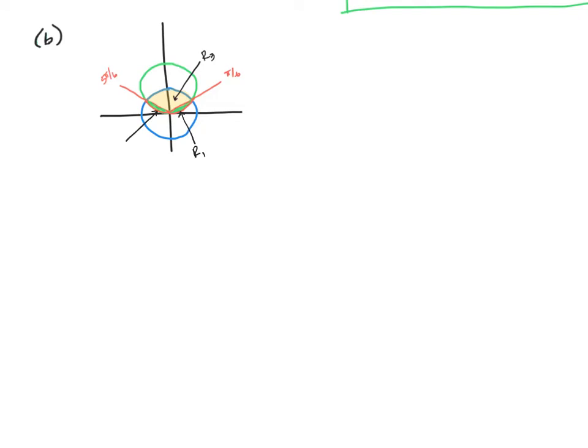They're actually going to have the same area. So from theta equal to pi over 6 to 5 pi over 6, that R3 is going to be described a little bit differently from R1 and R2. So let's look at R1.